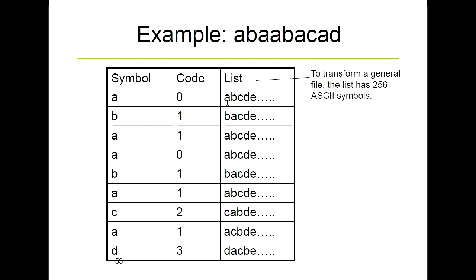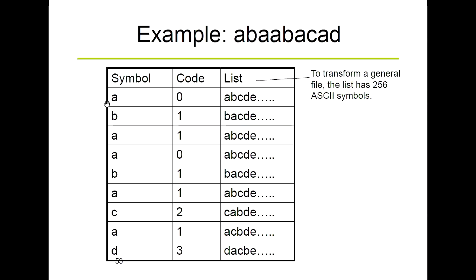But after we reference B, we move B to position 0. It jumped to the front of the queue, moved to front. So now A is no longer in position 0. It becomes 1. So then when you refer to A, A will be position 1. But after that, you move it back to 0. So it becomes 0.